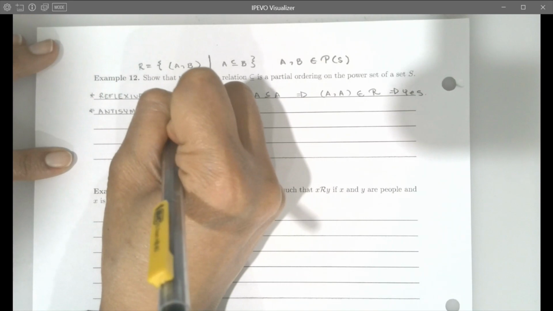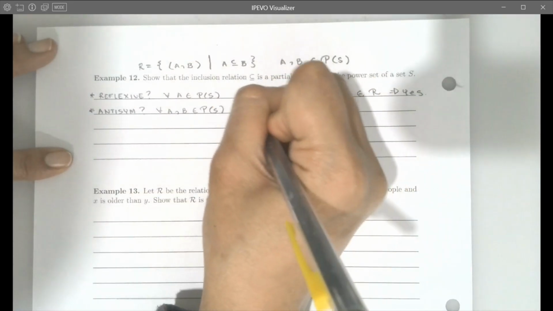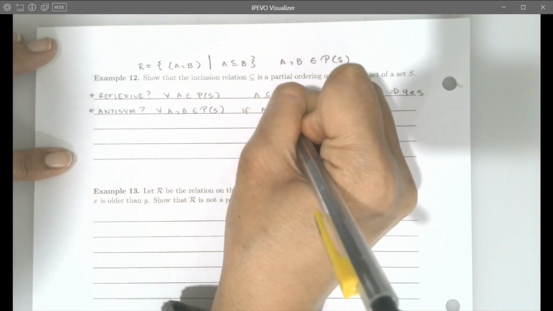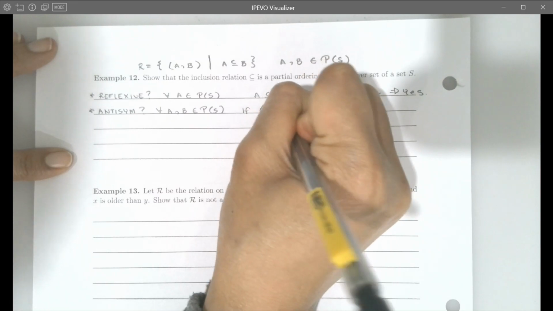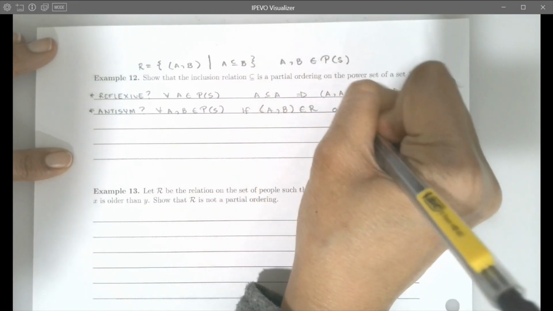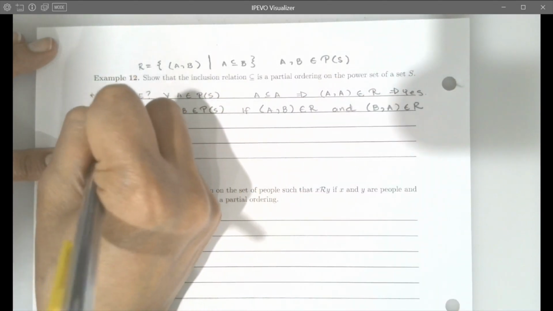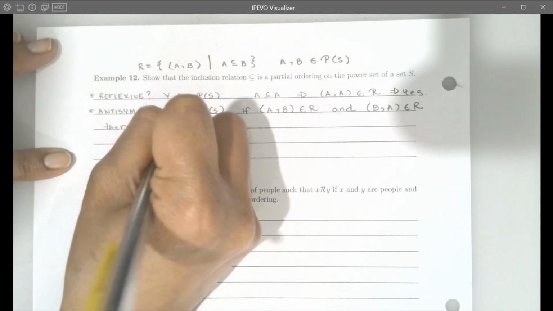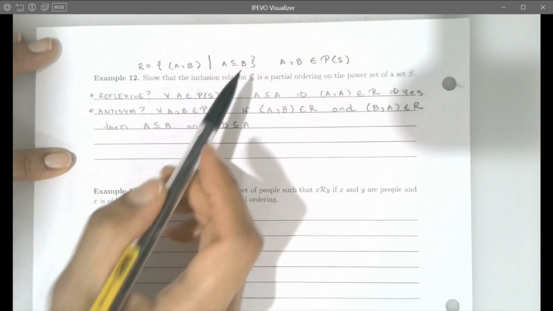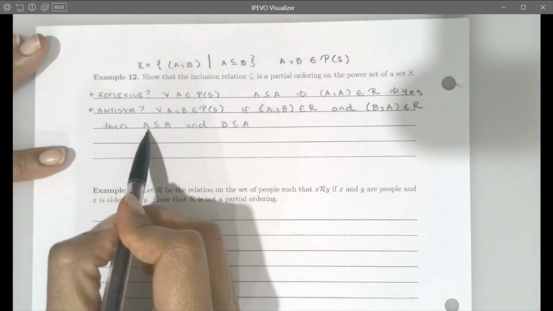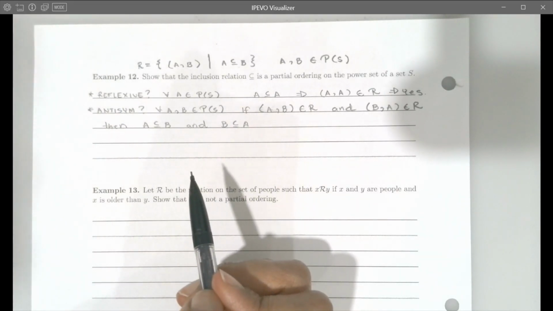Okay, again, we're going to take any two sets, A and B, that are part of the power set of S. If A comma B is part of the relation, and B comma A is part of the relation, then that means that A is a subset of B by definition of R, and B has to be a subset of A, again by the definition of R. Now, we've seen before that when A is a subset of B and B is a subset of A, that is the definition of equality for two sets.